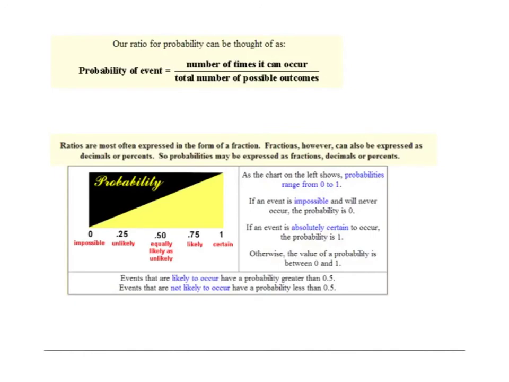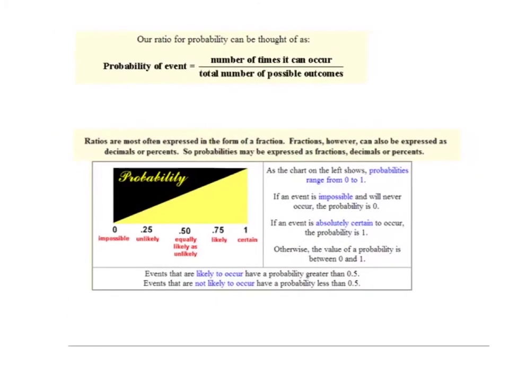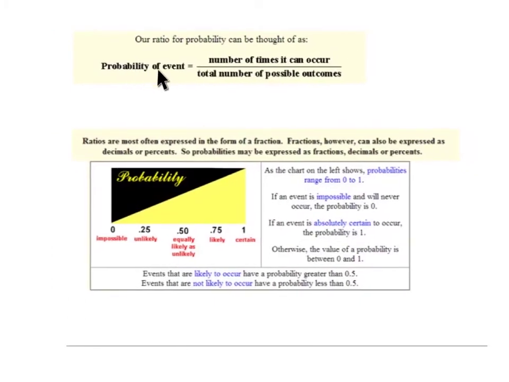So our ratio for probability could be thought of just like this. The probability of an event is equal to the number of times the event can occur divided by the total number of possible outcomes. Now, the total number of possible outcomes is the sample space. So the notation for this looks like this.